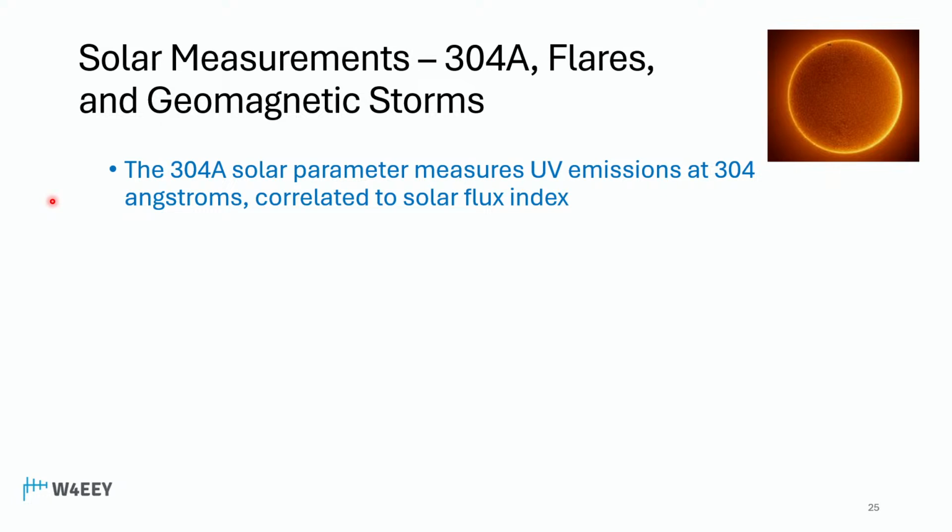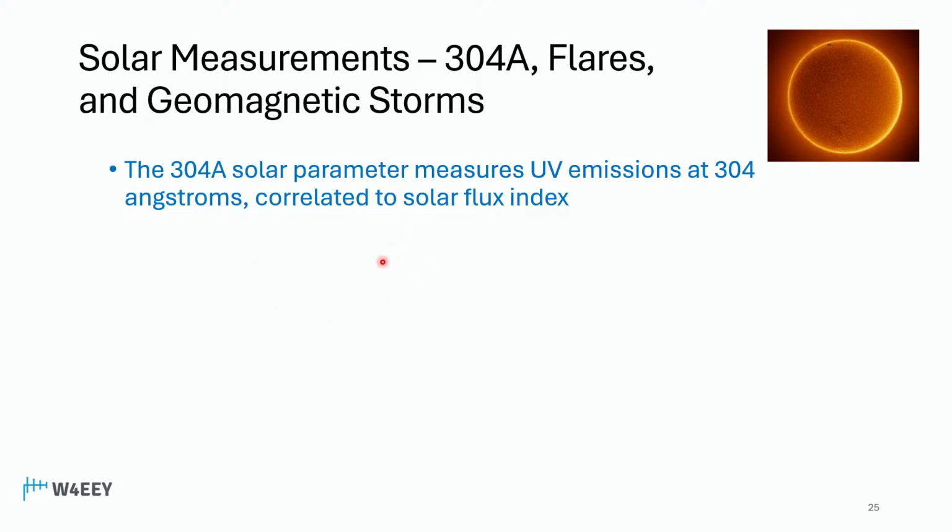The 304A parameter measures UV emissions at 304 angstroms, which correlates to the solar flux index. The advantage of this parameter is that when we can't see the sun, we can't see the sunspots because of the overcast sky, 304A does have a relationship to that activity.